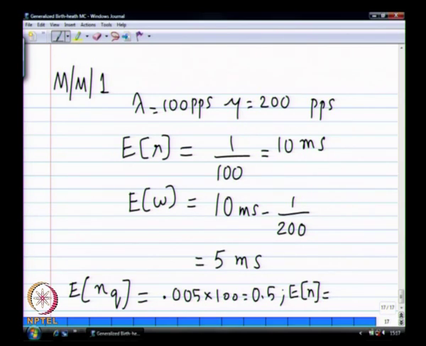Did I get that correct? Is E[NQ] that much? And E[N] is 1, yeah, 10 into 100. So waiting time is 5 milliseconds, response time is 10 milliseconds. Fine, that was simple.